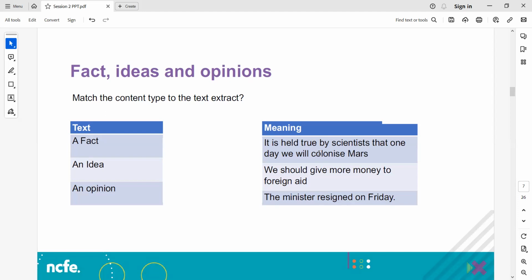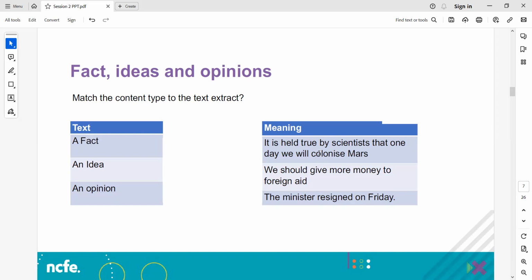Whereas an opinion is more personal. So when it's an opinion, you will often find personal pronouns such as I, we. So I think that, we think that. So it's either a belief held by one individual, or by a small group of people. So this person thinks, they've missed a few words out.